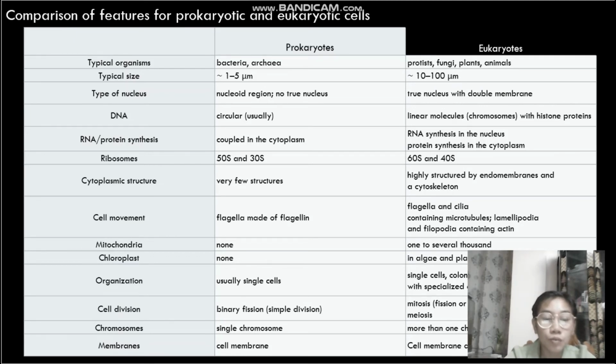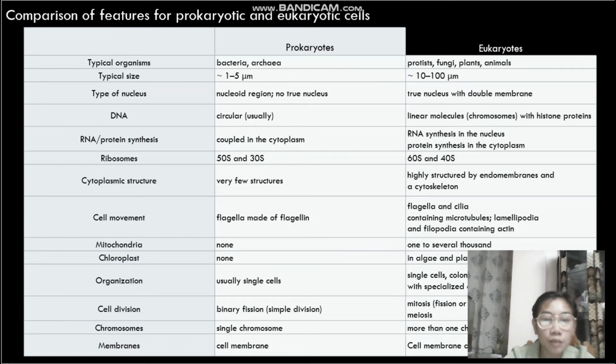When it comes to ribosomes, the prokaryote has 50S and 30S ribosomes, while the eukaryote has 60S and 40S ribosomes. For the cytoplasmic structure, prokaryotes have very few structures because they have no nucleus and membrane-bound organelles, but the eukaryote is highly structured by endomembranes and a cytoskeleton.